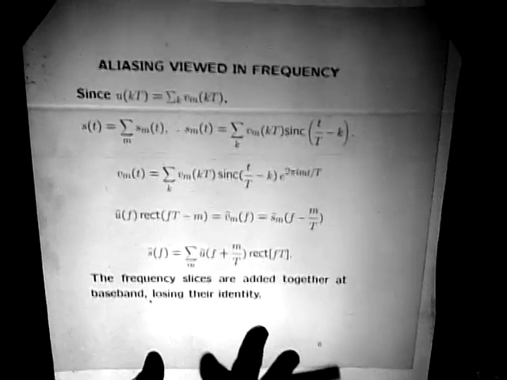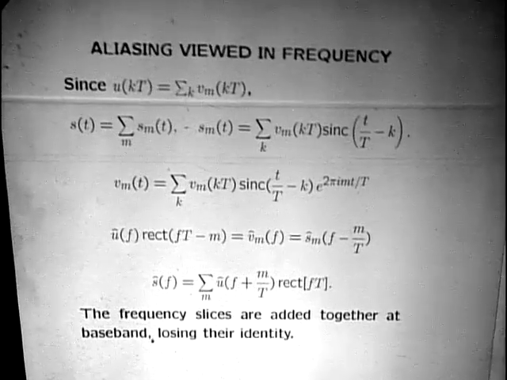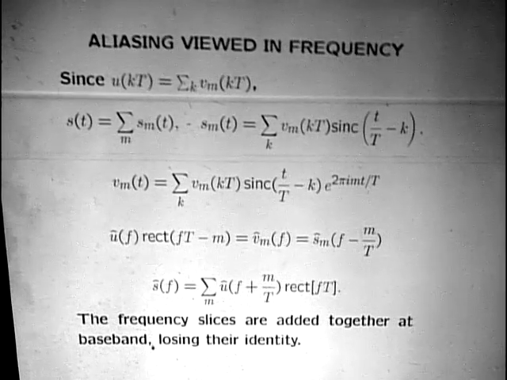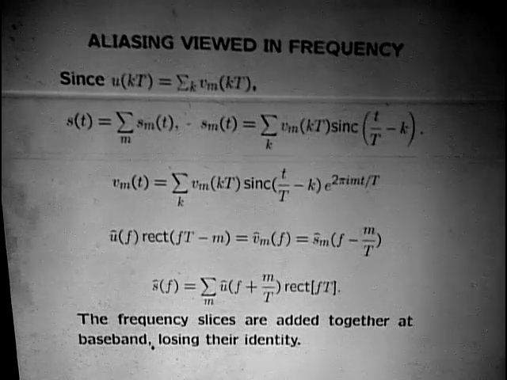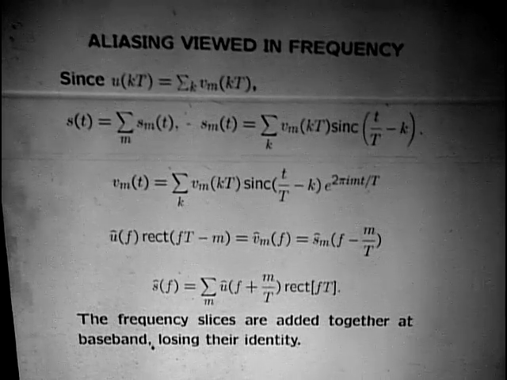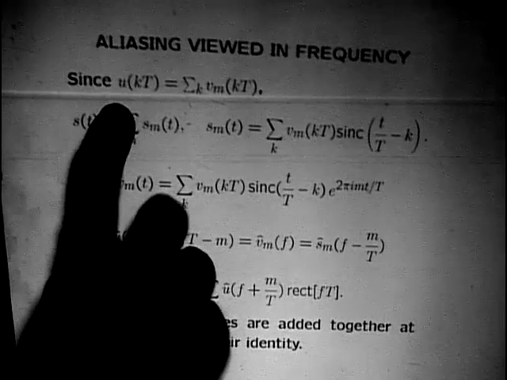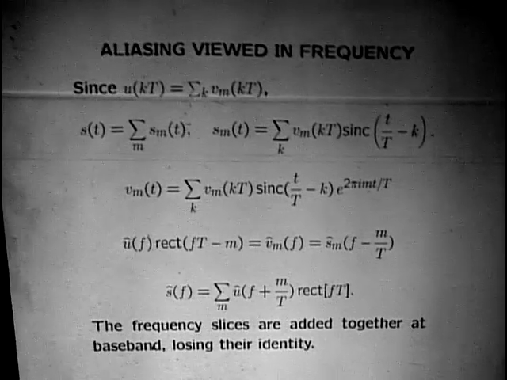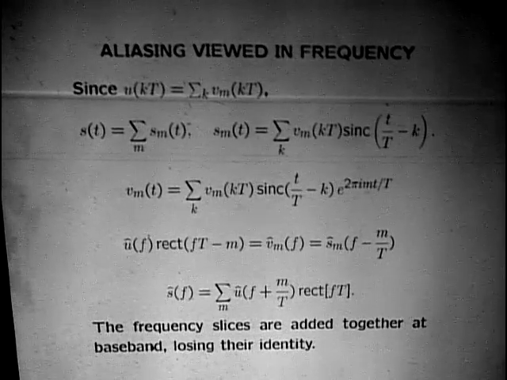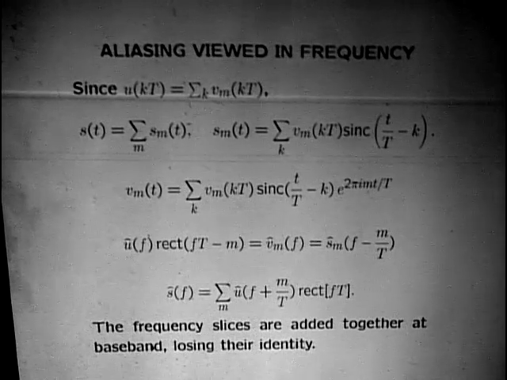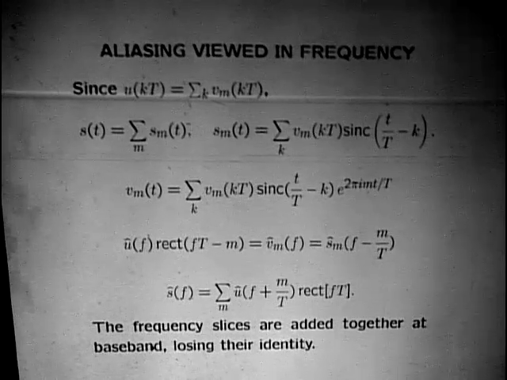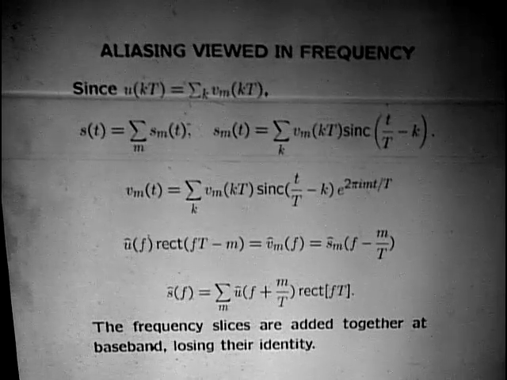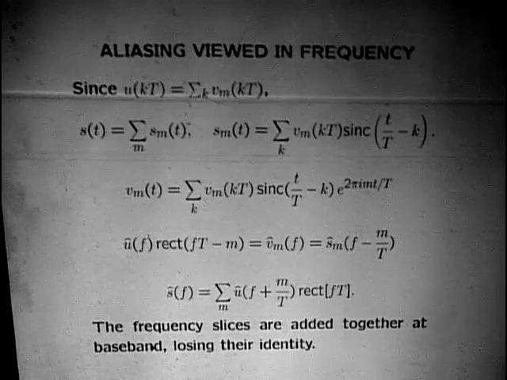Okay, now we want to look at aliasing viewed in frequency terms. And we've almost been doing this. We've been sort of talking around it a little bit. We're viewing an arbitrary function, u of t, in terms of a sum of these frequency-limited functions. Okay, we're just arbitrarily taking a function, splitting it up into these frequency bands.